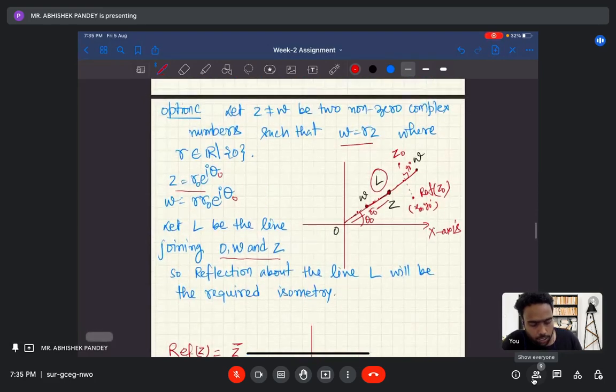Let z, w be two non-zero complex numbers such that w equals rz, where r belongs to R minus 0. Geometrically you can see where w lies. Suppose z is here, so w will lie here or here, depending upon r. Is this picture clear?